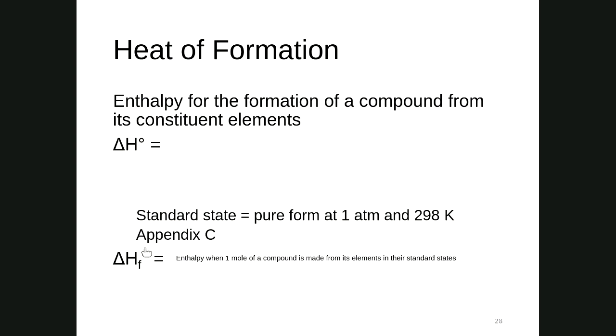This little circle is known as naught. And you can see that up here as well. So anytime you see delta H naught, in this case it's delta HF, but anytime you see delta H naught in general, that's going to mean the enthalpy when all reactants are in their standard states.